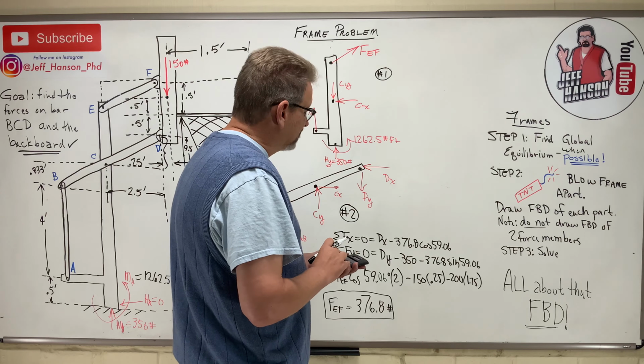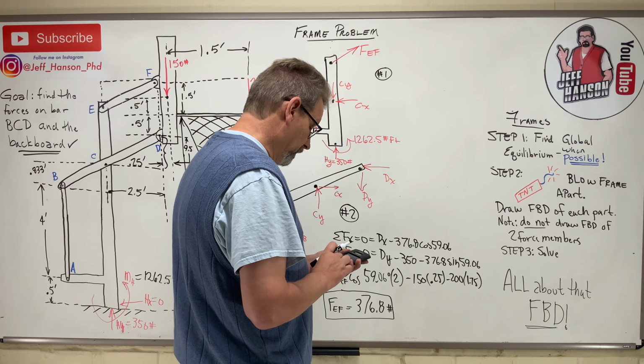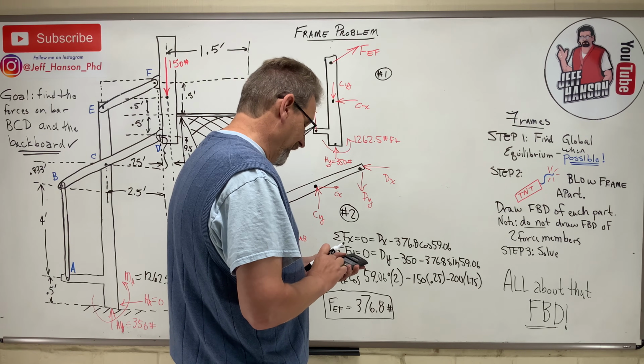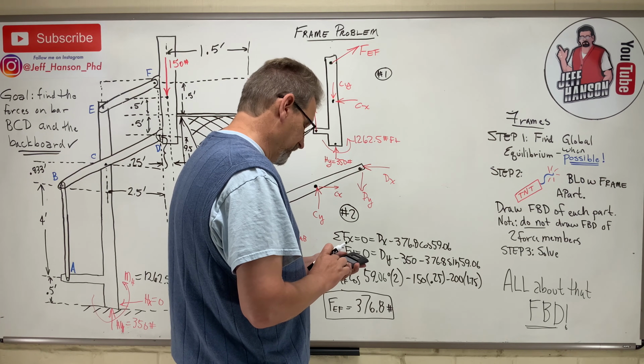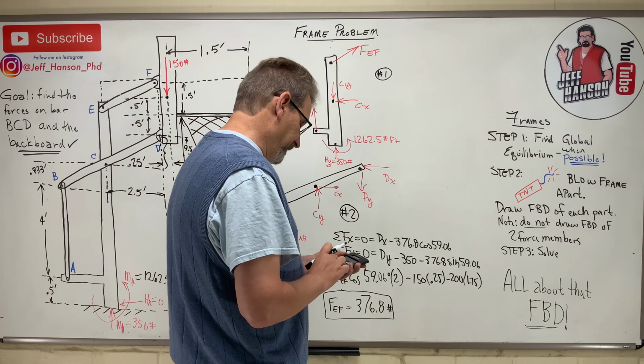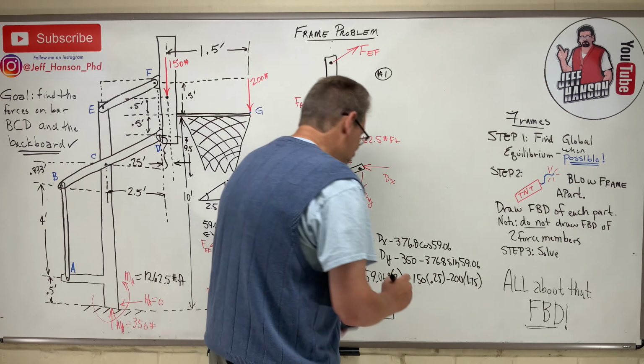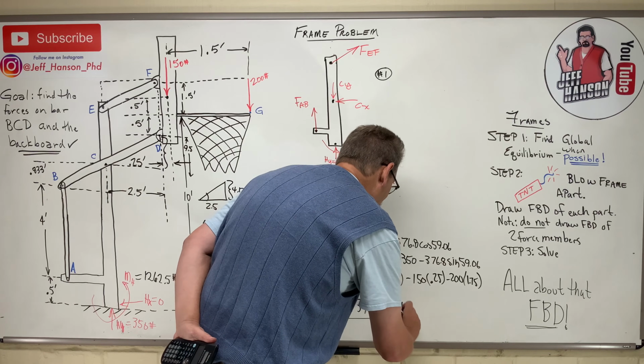All right, so let's calculate that. That would be 376.8 times the cosine of 59.06 equals 193.7. So that's dx.